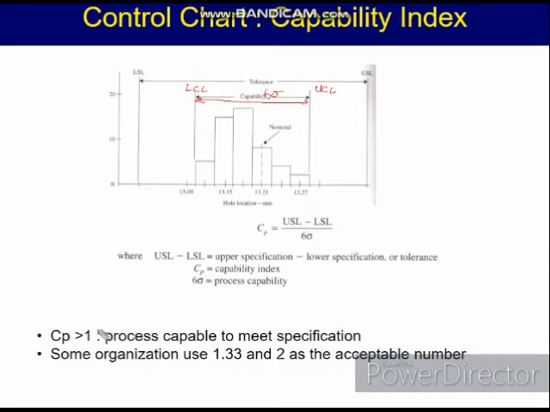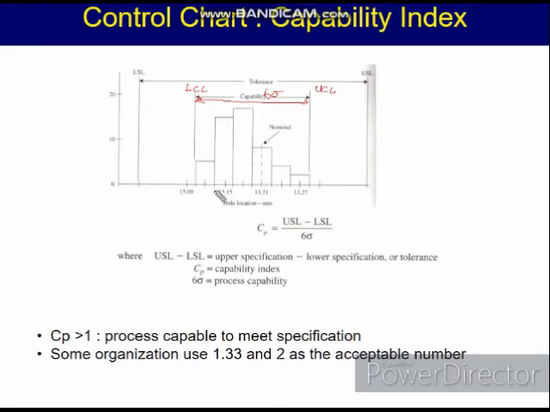If Cp is equal to 1 or greater than 1, basically you can say that the process is capable of producing good product per the customer specification. Again, if you remember, plus minus 3 sigma for a normal distribution covers 99.73% of the population, meaning that if your Cp is equal to 1, the chance of making a good product would be 99.7%.